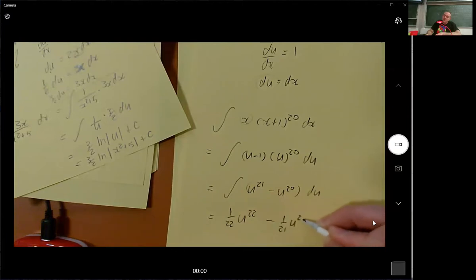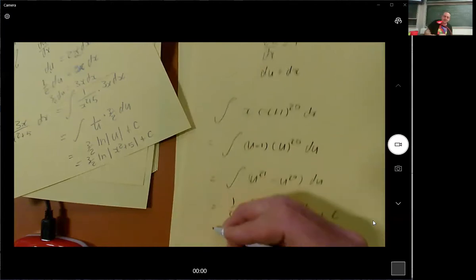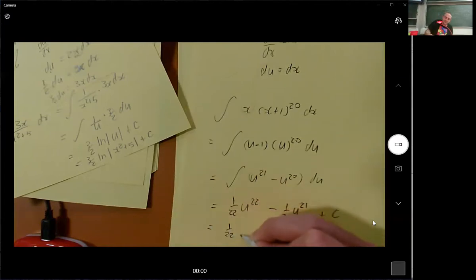I'm favoring 20s today. I should have made it a 31 or something just to make it easier to notice that it was different. But the u is really x plus 1.